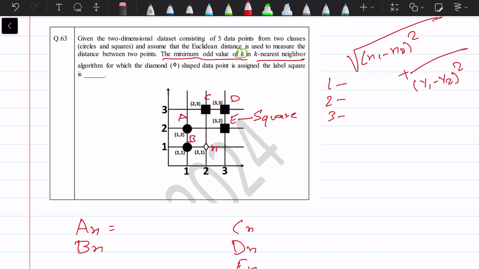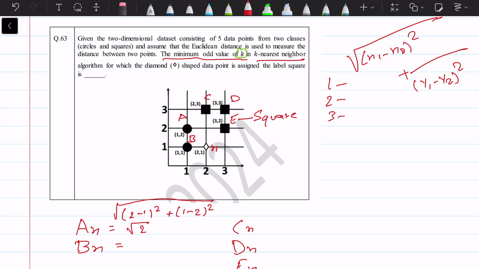So AX will be the root of 2 minus 1 squared plus 1 minus 2 squared. So this will be 2 minus 1, which is 1, squared is 1, and 1 minus 2 is minus 1, squared is 1, and 1 plus 1, so this will be root 2.